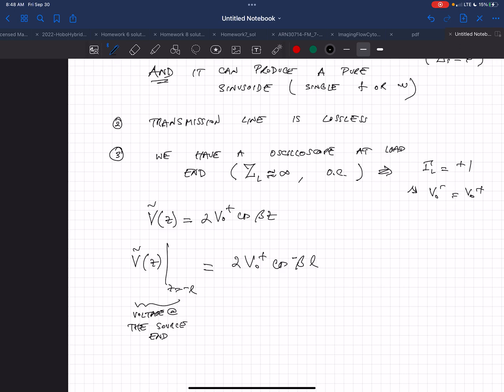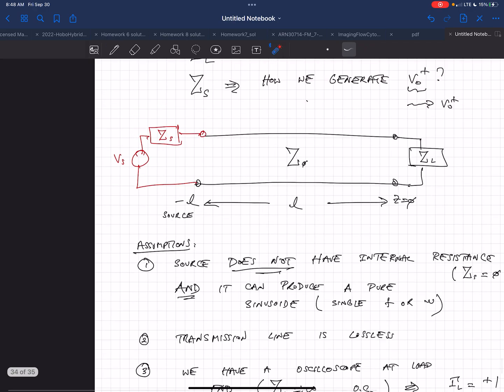Cosine is what's called an even function. That means this is the same as 2V0 plus cos of beta L. For cosine, whether you have the cosine of minus something or plus something, it's the same thing. So by KVL, this is equal to the source voltage. This voltage here is the same as the source voltage if Z sub S is equal to 0. It would have to be.